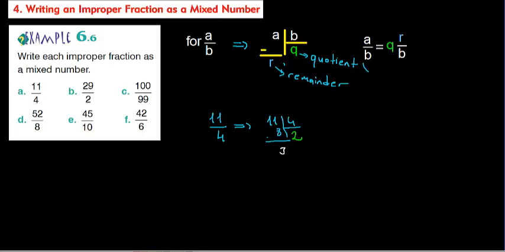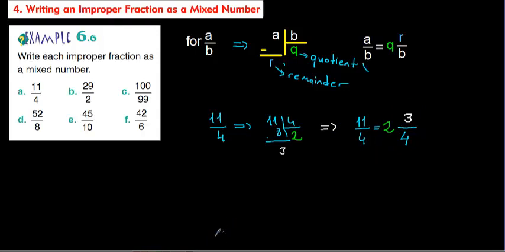So when you want to write this term as a mixed number, 11/4 is equal to, the whole number is written in front of the mixed number. Here it is 2. Then the base is going to stay the same, and the remainder is going to be written up, in this form.